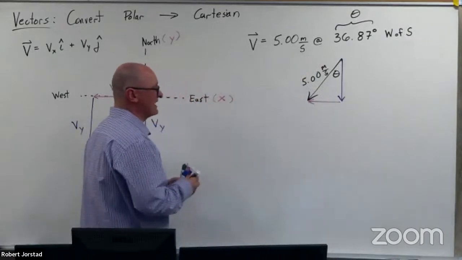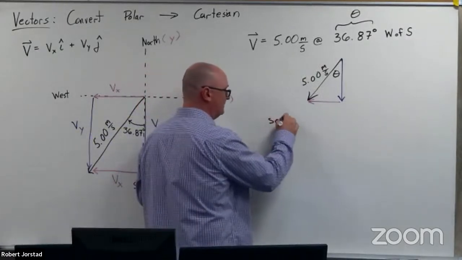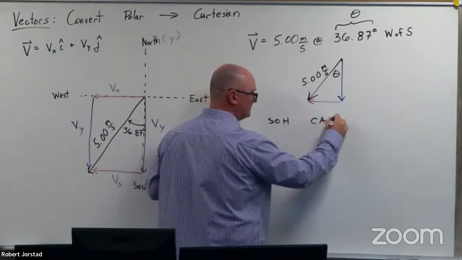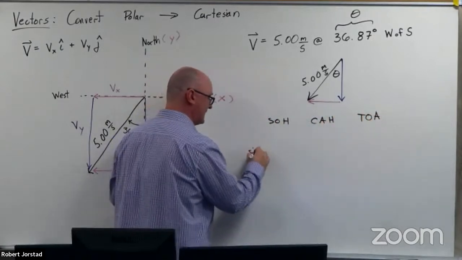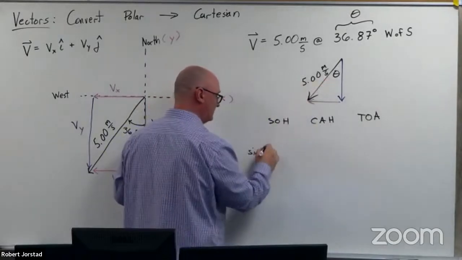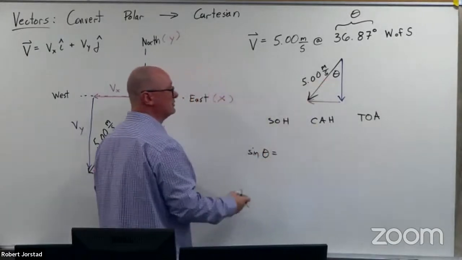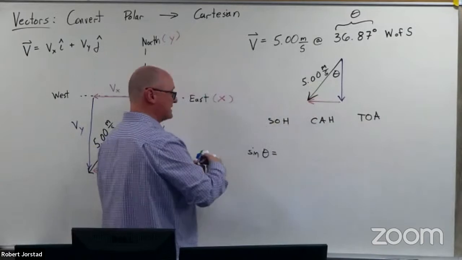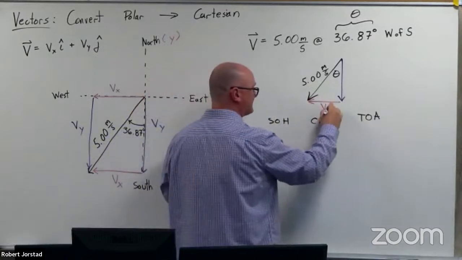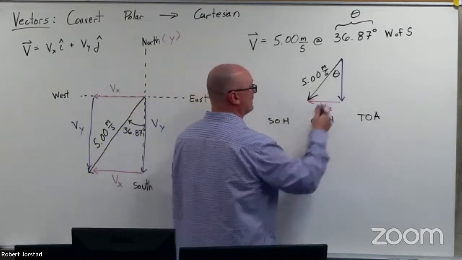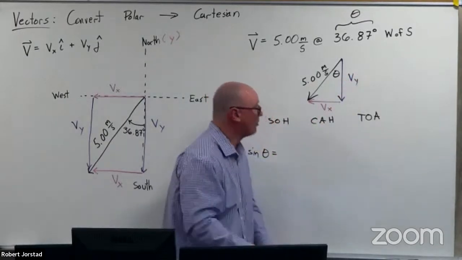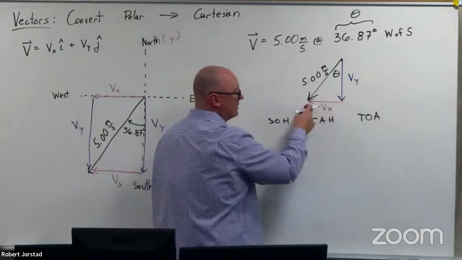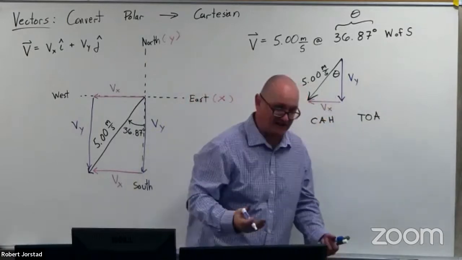In this case, I'm using SOHCAHTOA. You probably know that sine of an angle is equal to opposite over hypotenuse. This side we're calling Vx, and this side we're calling Vy. We're ignoring the minus signs for the minute, but we'll put them back in at the end when we look at the arrowheads. That's just what I do in practice.